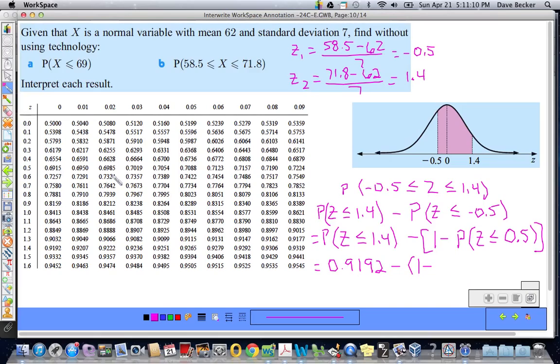So 0.5, 0.6915, and that comes out to be approximately equal to 0.611. So that means there's a 61.1% chance that the data will lie between negative 0.5 and 1.4, or back to the original question, 58.5 and 71.8. And we're able to do that because we standardized it.